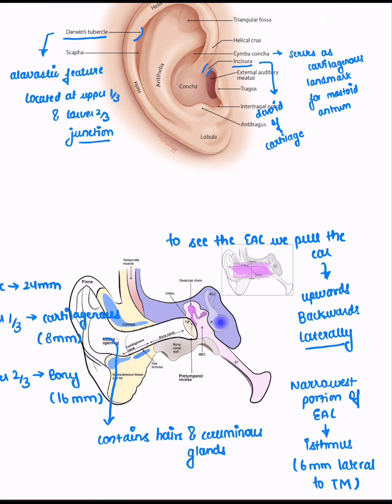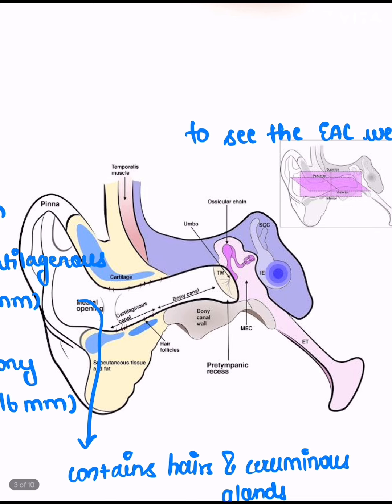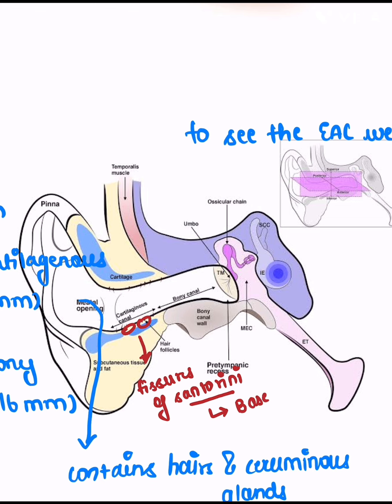The cartilaginous part contains two fissures, which are known as fissures of Santorini, by which the infection of external auditory canal can spread to base of skull and parotid gland.